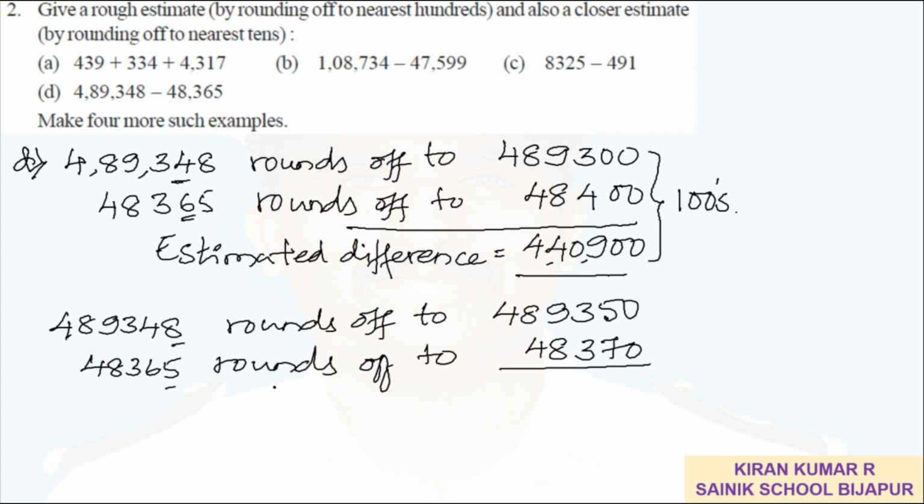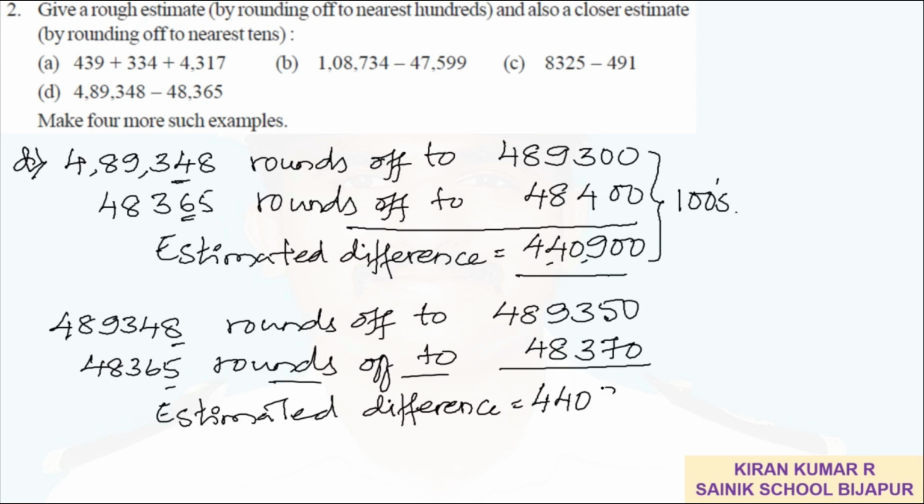So let's find the estimated difference. The estimated difference is equal to 4,40,980. This is when we have rounded off to the nearest tens.